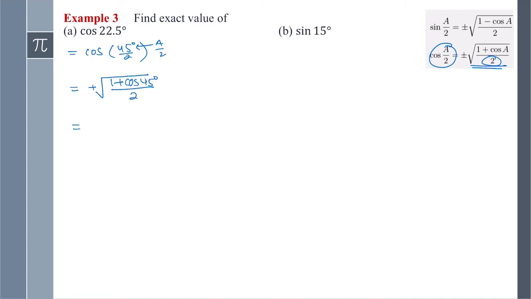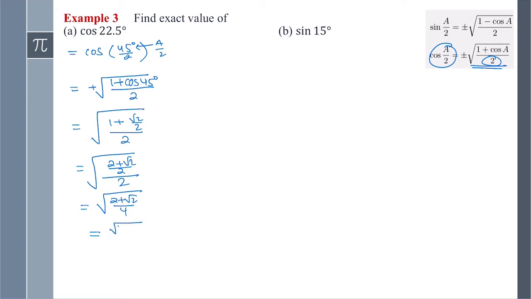So this equals 1 plus cosine 45, which is square root of 2 over 2, divided by 2. If we combine the fraction in the numerator, we get 2 plus square root of 2 over 2, then divided by 2. Combining that, we get the square root of 2 plus the square root of 2 over 4, which is the square root of 2 plus the square root of 2 divided by the square root of 4, which is 2.